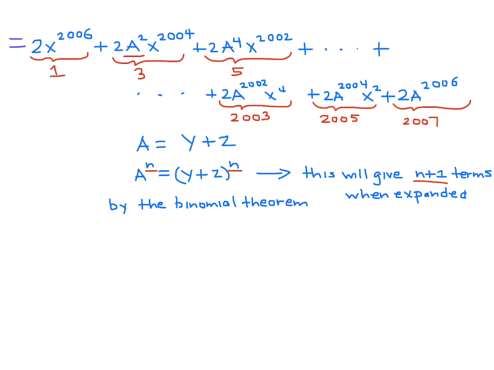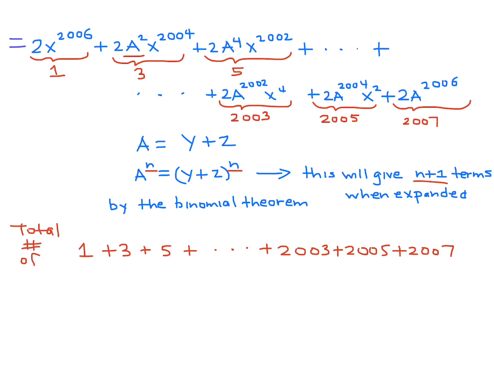All right, now it just boils down to adding these numbers. Okay, we can do that. 1 plus 3 plus 5 plus ... 2003 plus 2005 plus 2007. So this is the total number of terms in our expansion.